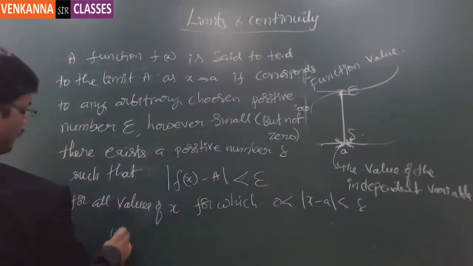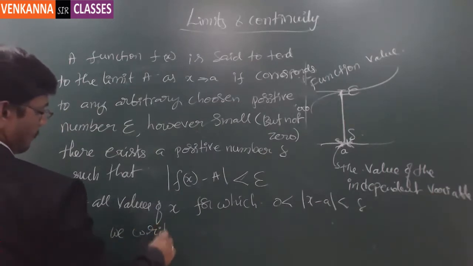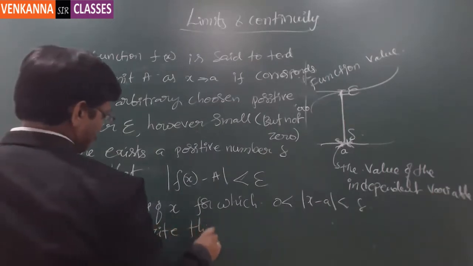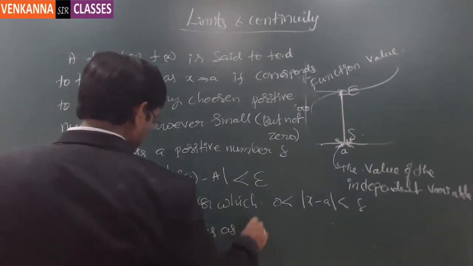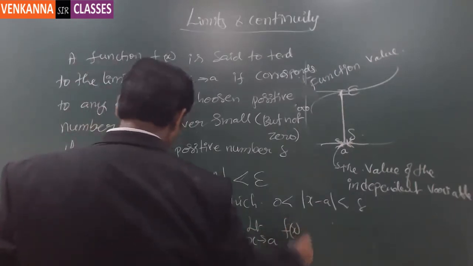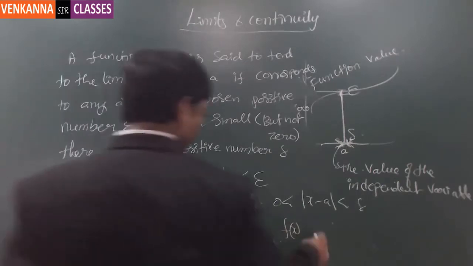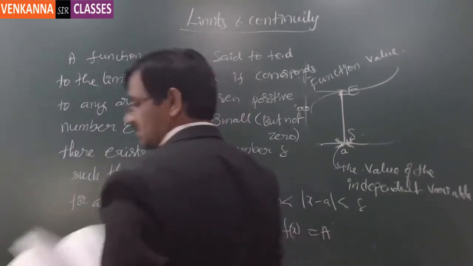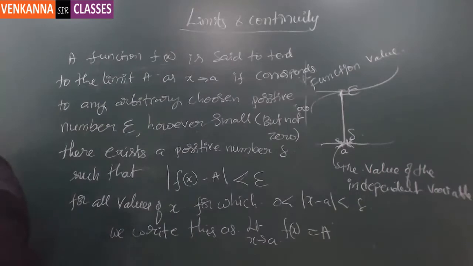We write this as limit x tends to a f of x is equal to a. So this is the formal definition of limit. Got it? You can note down.